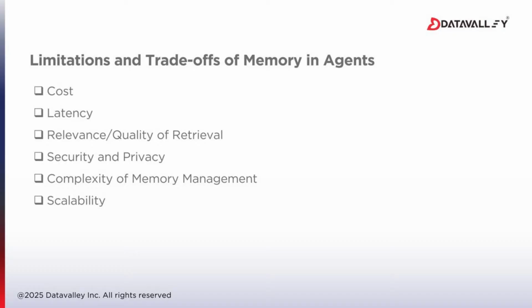Next, complexity of memory management. Deciding what to store, when to retrieve, and how to update, and strategies for handling conflicting information in memory, add a little complexity. Next is scalability.